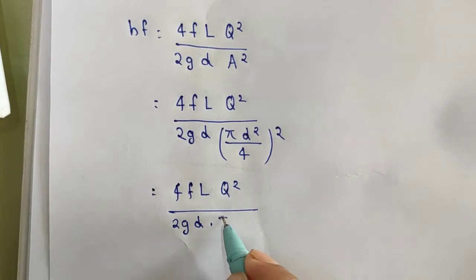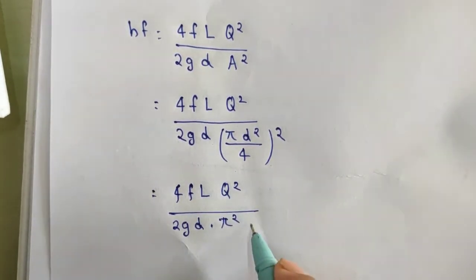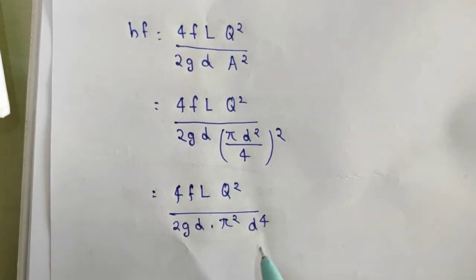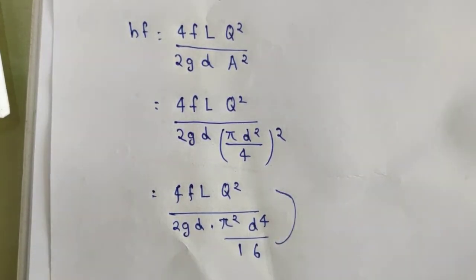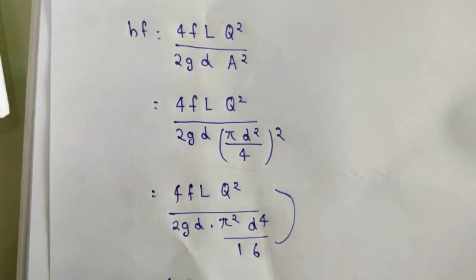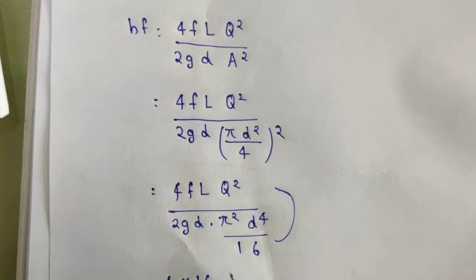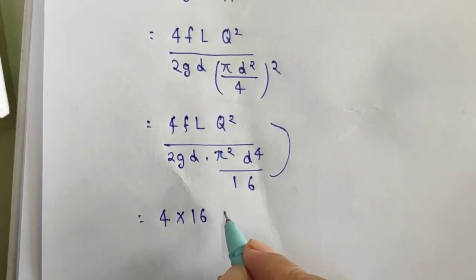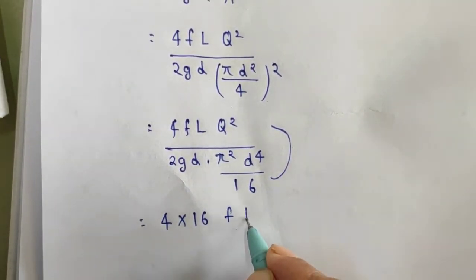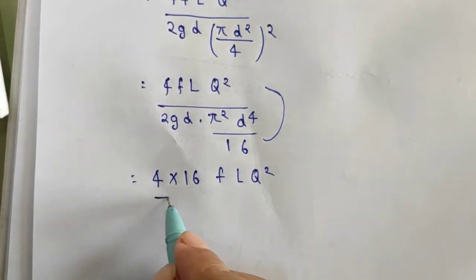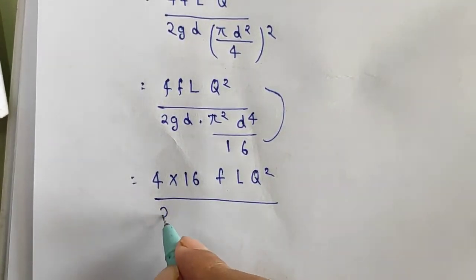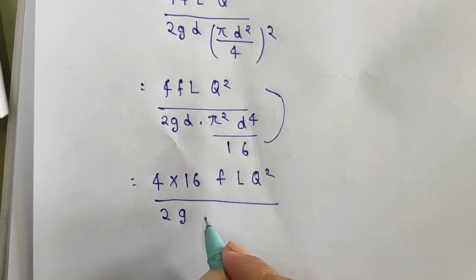Now this will become pi square, this will become d to the power 4, and this will become 16. This 16 can be taken towards the upside, so we can write 4 into 16 f into L into Q square divided by 2g.